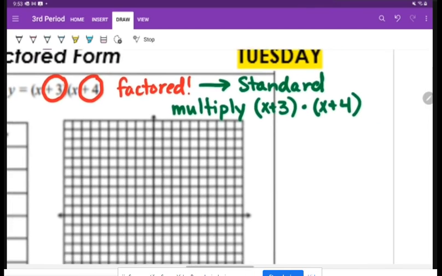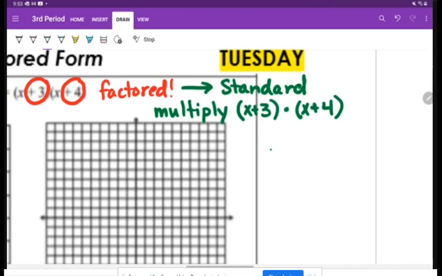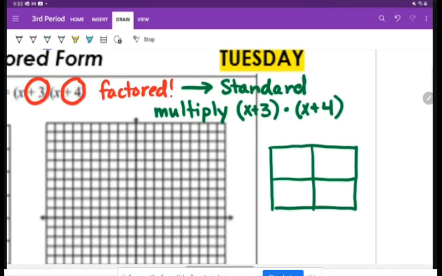The way we were doing that yesterday is by actually drawing a rectangle and putting our first factor, x plus 3, across the top, putting our second factor, x plus 4, down the side, and then we have to use multiplication to fill in the 4 individual boxes of this grid.